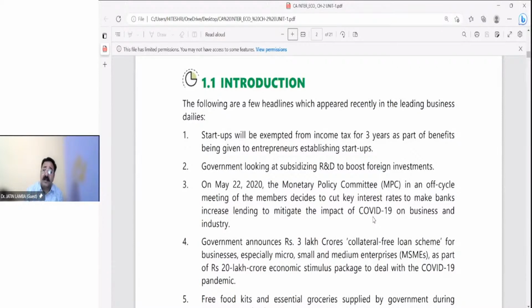To recover that downfall, the committee has decided to reduce the interest rate so that the business community can take the loan borrowings at a lower rate of interest. This committee is the internal committee of RBI, right?